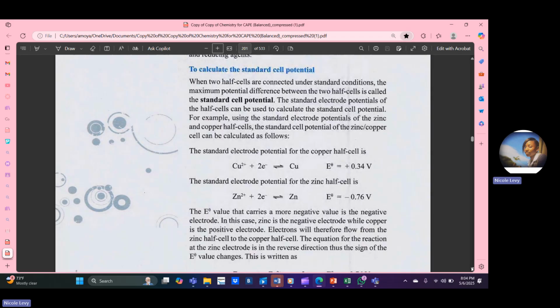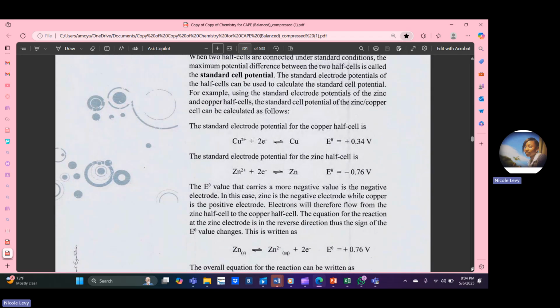If we look at the example below, using the standard electrode potential of the zinc and copper half cells, the standard cell potential of the zinc copper cell can be calculated as follows. The standard electrode potential for the copper half cell is plus 0.34 volts, and the standard electrode potential of zinc is minus 0.76 volts.